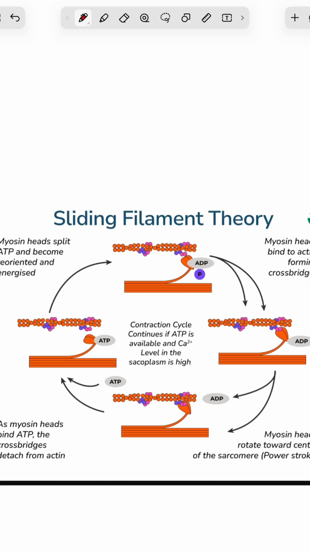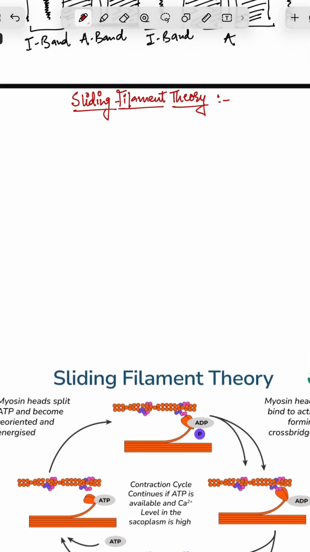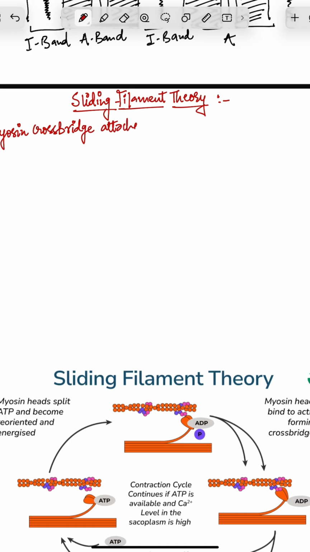The basic idea is that muscle contraction occurs when thin filaments slide over thick filaments, which causes the muscle fiber to shorten without any change in filament length. The structures involved are myofibrils, which are made up of repeating units called sarcomeres. We all know that each sarcomere contains actin and myosin.